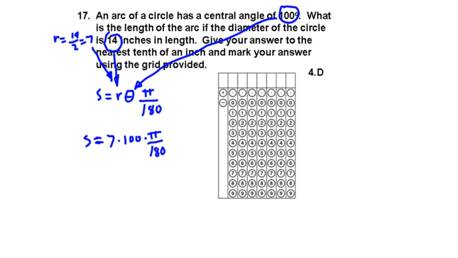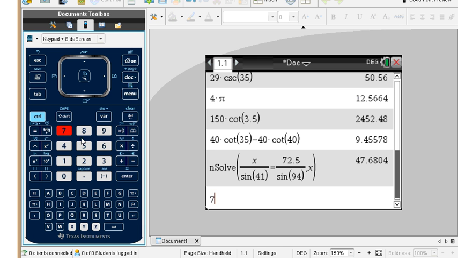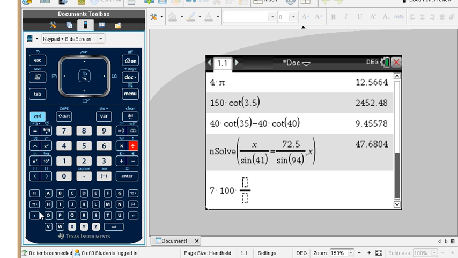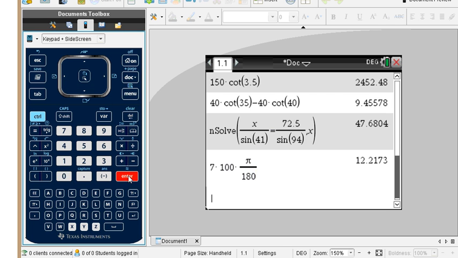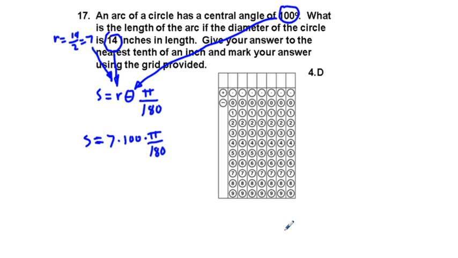So go to our calculator. We have 7 times 100 times pi over 180. And we're going to get 12.22 rounded to the nearest hundredth. And it says to the nearest tenth.